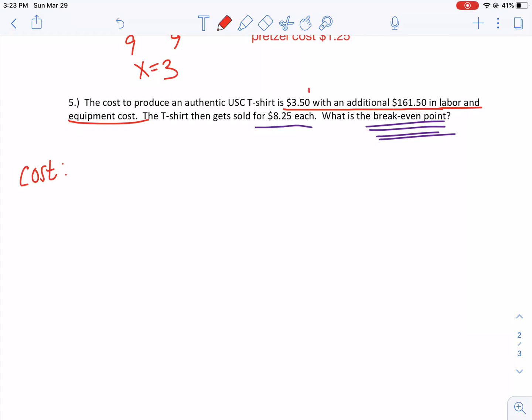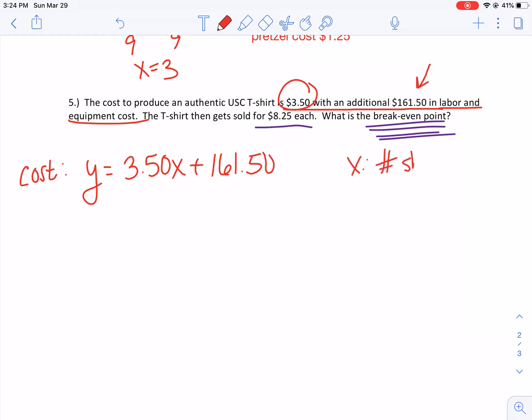Well, it's $350 each shirt with that additional $161.50. So our equation is y equals 350x plus 161.50. X is going to be the number of shirts, and y is going to be the cost.